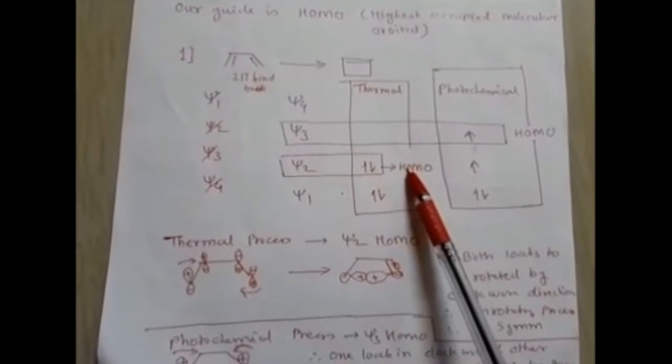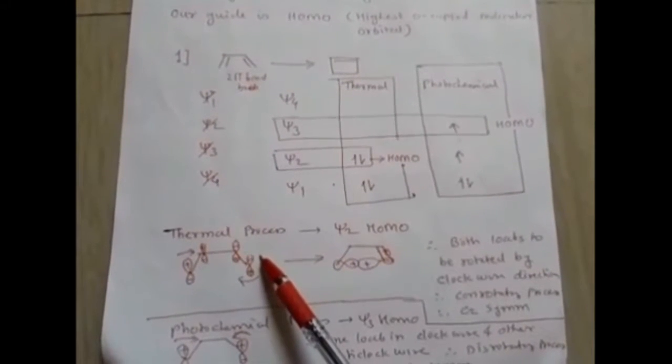Now, if this conversion is a thermal process, then Psi2 is HOMO. As you know, according to symmetry, this is the structure of the Psi2 orbital. As you know, we have to give one node. So positive, positive, one node, that means negative, negative.